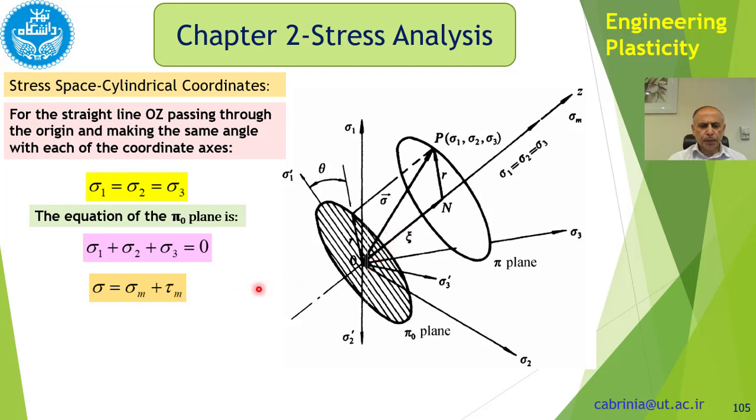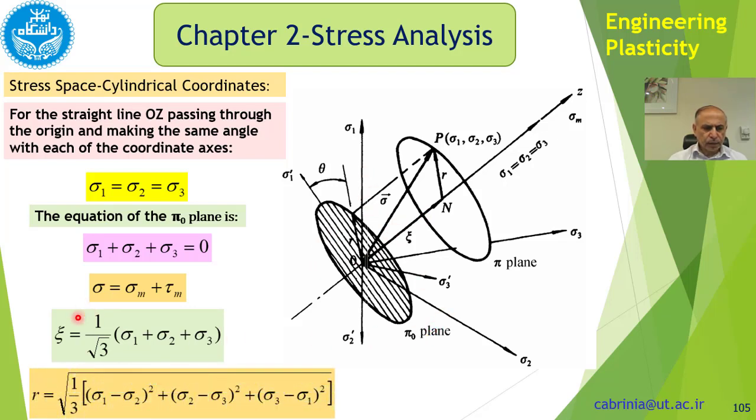Okay, that is sigma m, and that's tau m. And zeta is 1 over root 3 times sigma 1 plus sigma 2 plus sigma 3. This 1 over root 3 is because this zeta makes equal angles to all the three axes. And this R could be written as this from this geometry, because we have the coordinates here.